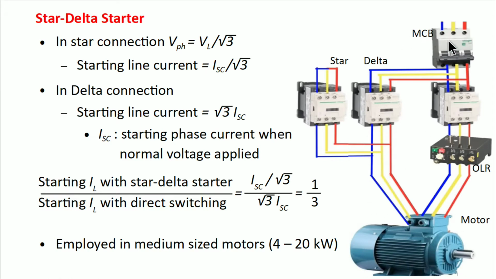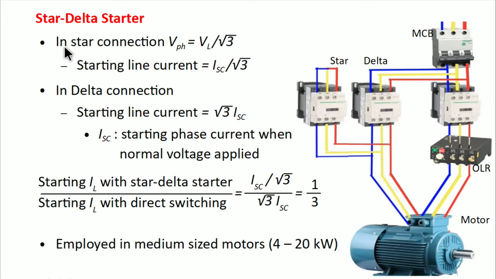There is an MCB, miniature circuit breaker, then this is our main contactor which connects the lines to the motor through an overload relay, and these two contactors connect the motor in star at the time of starting and delta under running conditions through a time delay relay.